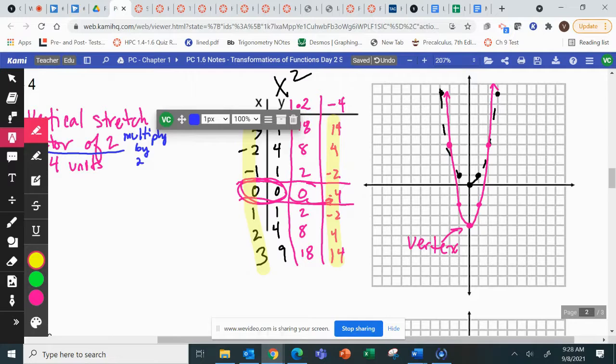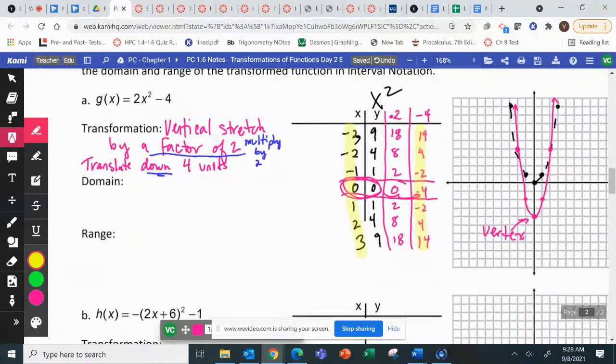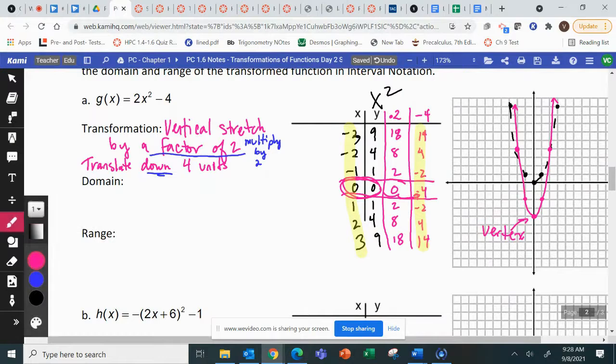Okay, now section 1.3 was to write the domain and range in interval notation. So we're still practicing that because that will also be on your quiz. The domain for all parabolas is all real numbers, but we write it in interval notation by saying -infinity to +infinity.